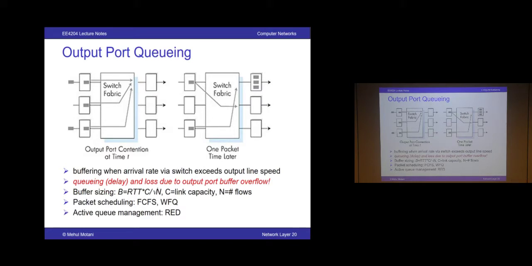Output port queuing is essentially when the outgoing link rate is less than the arrival rate.